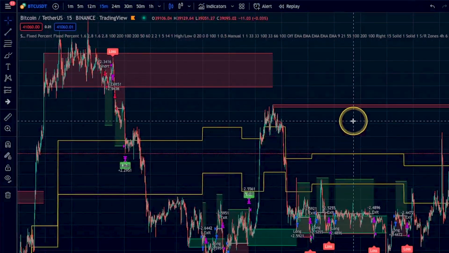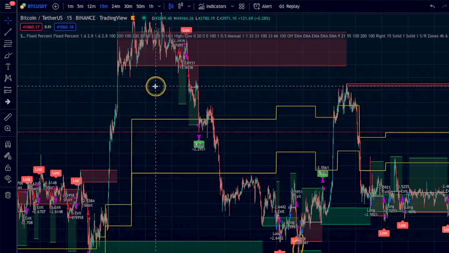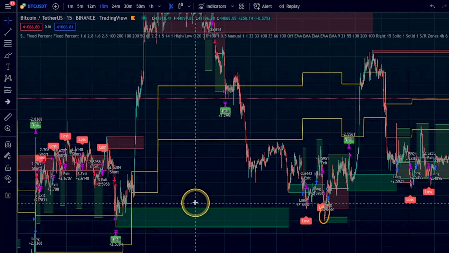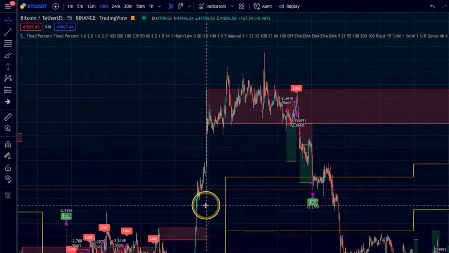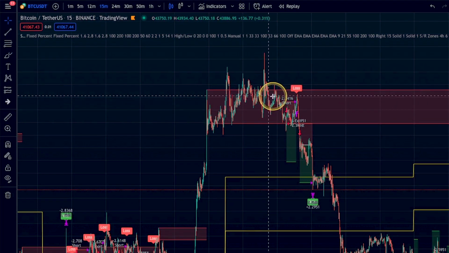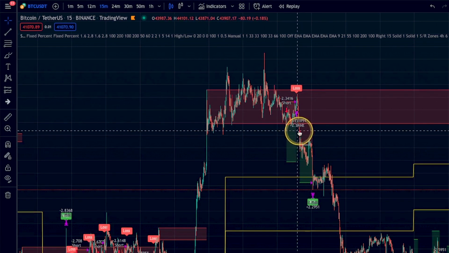Let's have a look very quickly at my indicator over here. So as you can see, what I've done is I've used support and resistance zones instead of support and resistance lines, sorry. So what happens is as price comes in and creates this zone here, as we break back out of that zone, we are actually taking our entry.